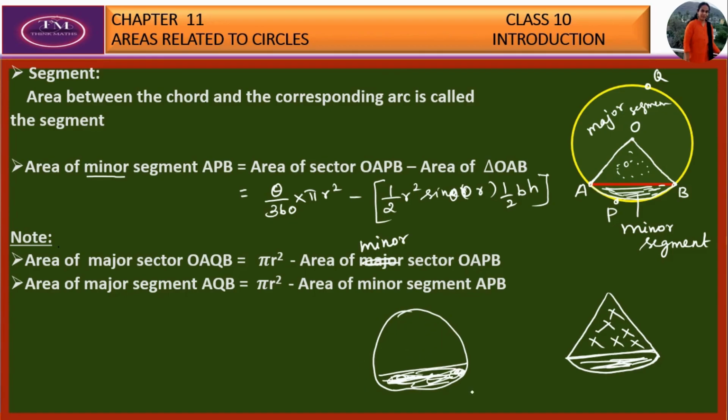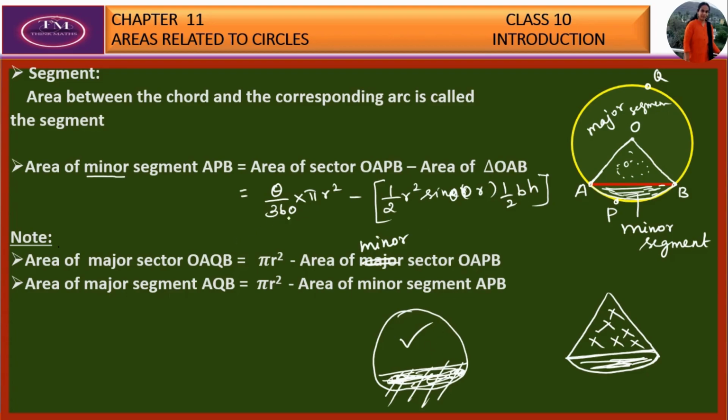From the area of the circle, if we take out the minor segment, we get the major segment area. So the area of major segment AQB is pi r square minus the area of minor segment APB. These are the introductory parts.